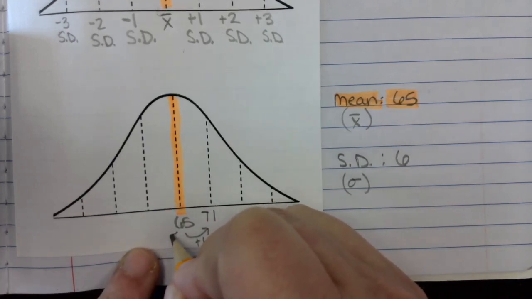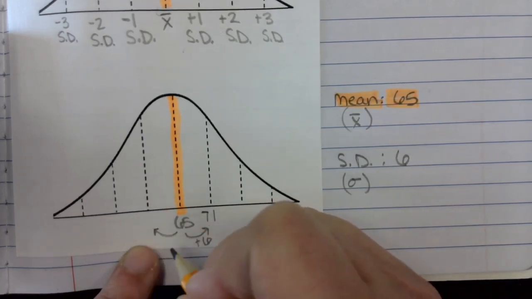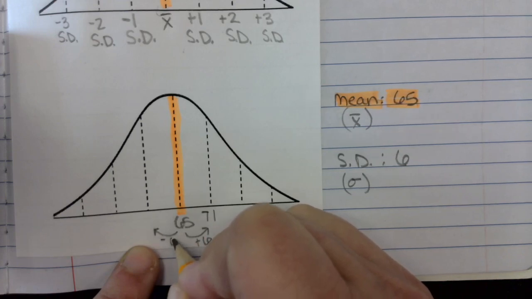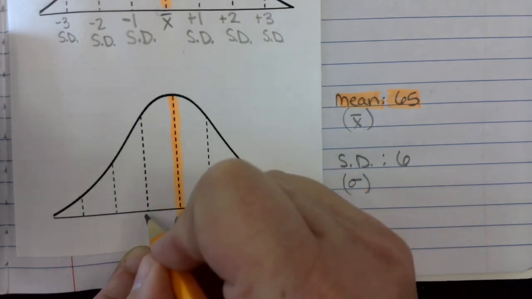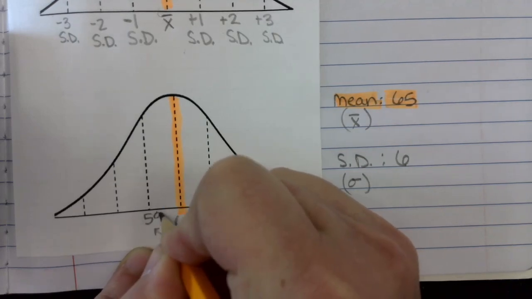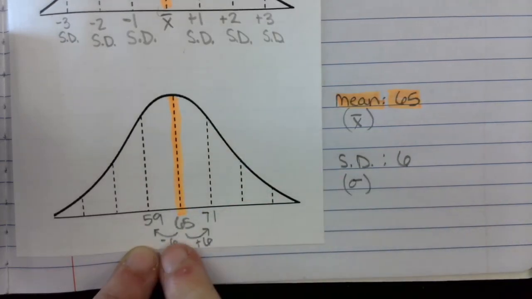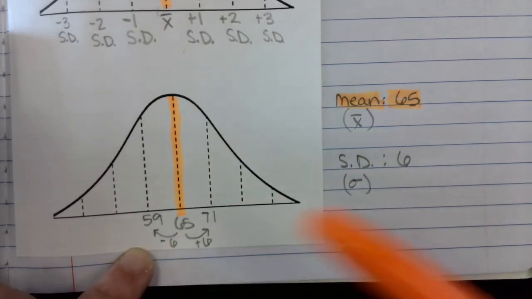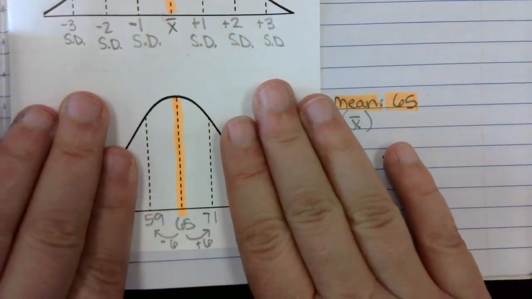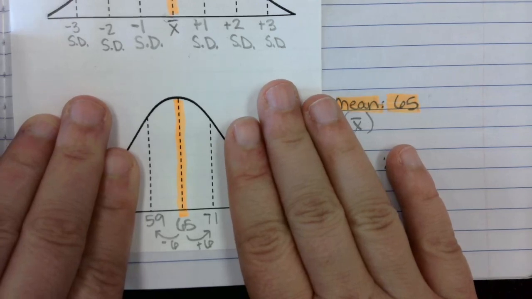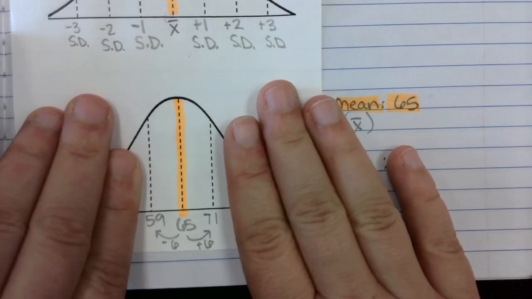Or if I go to the left a standard deviation, we'll do a minus 6. And yep, we get a 59, like Taylor said. So if we looked back at our information from our warm-up, the majority of our test scores from Apollo, were they between 59 and 71?